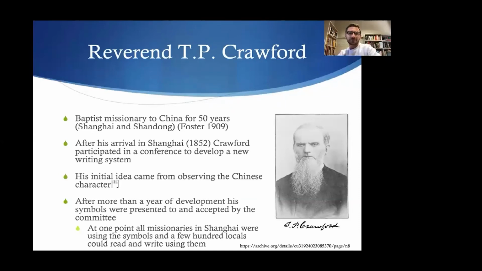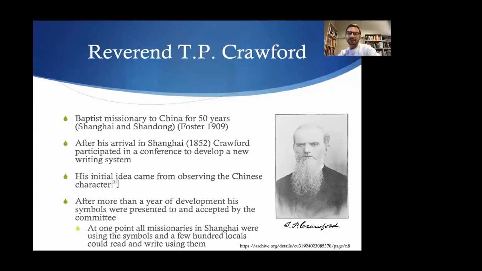After his arrival in Shanghai in 1852, he participated in a conference with other missionaries to develop a writing system. And it was sort of a competition, I think, and he ended up winning. He got his initial idea for this writing system from observing the Chinese character for door, man.